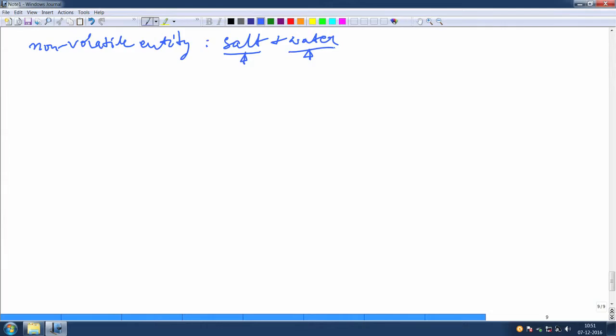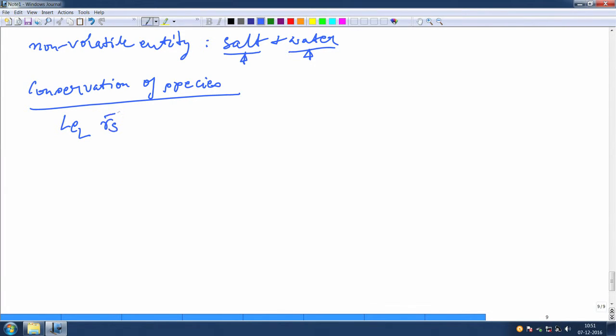So, in that case, if you have say for example salt water, there can be numerous other systems also, all the equations are valid, we have to in addition write the conservation of species equation. The same equation that we wrote for energy is valid, the same equation that we wrote for the outer phase flow field is valid, except now we have to write the equation for the species inside the droplet. So, here it comes.